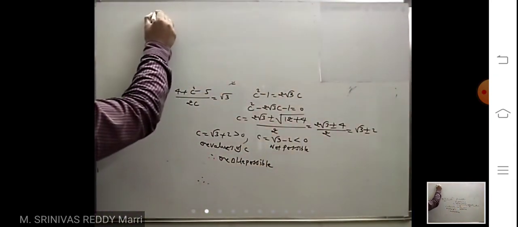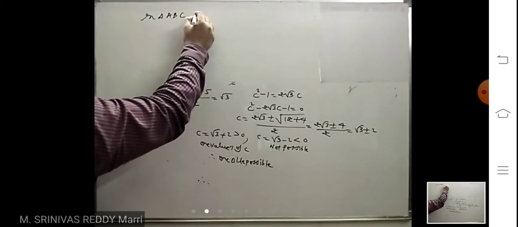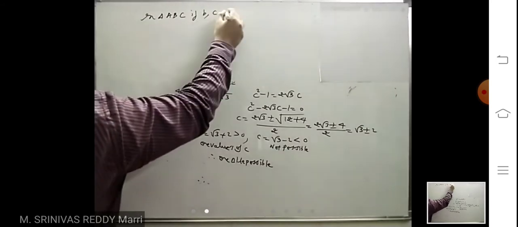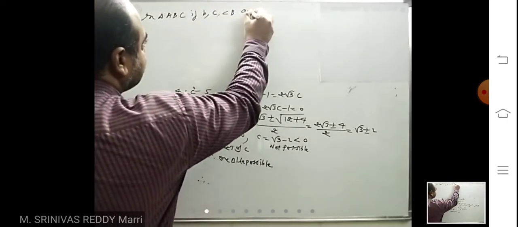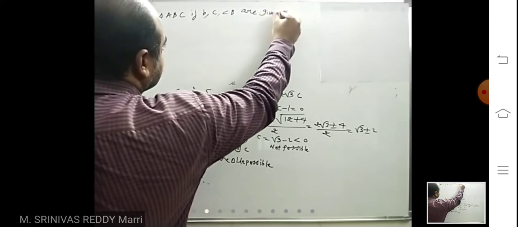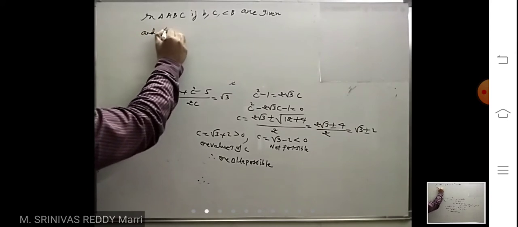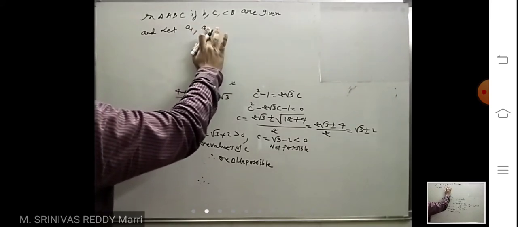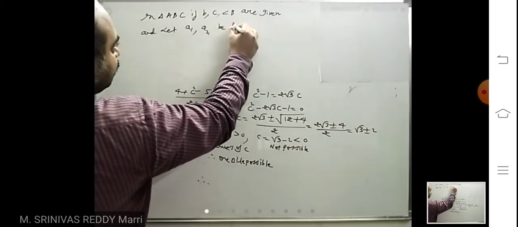Look at the problem. In triangle ABC, take this problem where two values he will give. b, c, and angle B are given, and let A1, A2 be two values of the third side a.